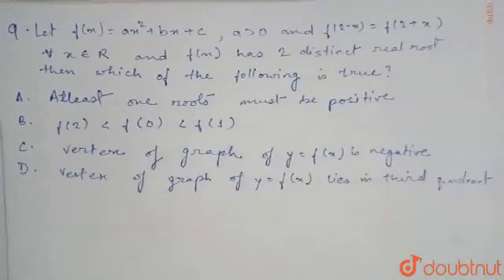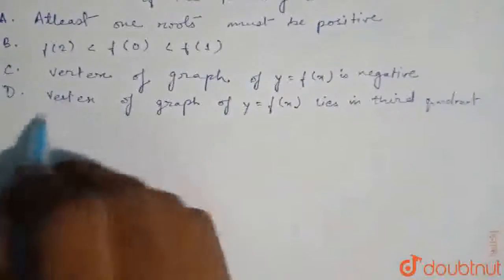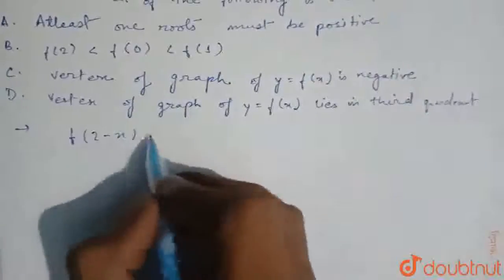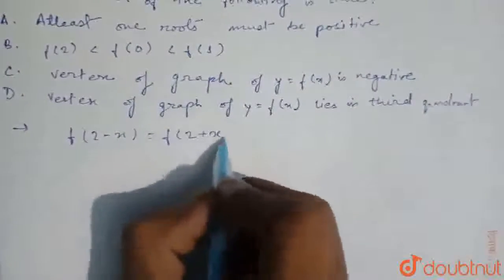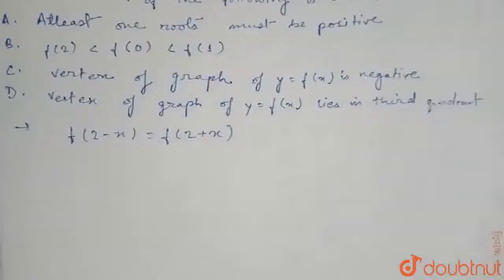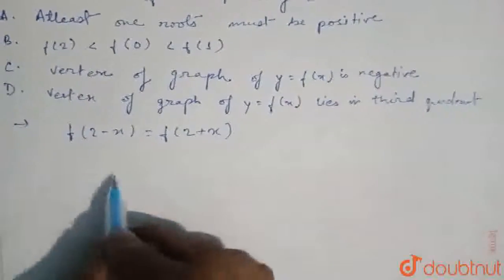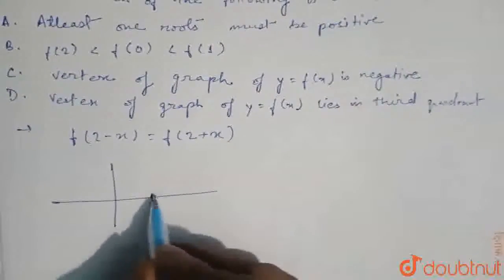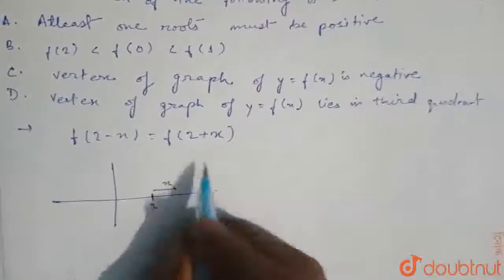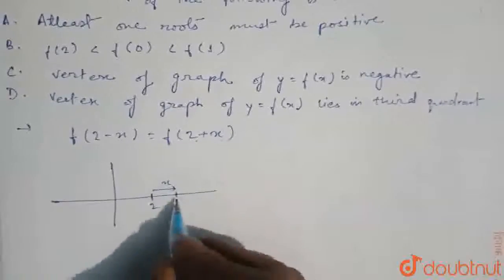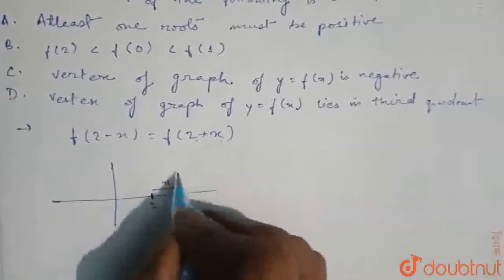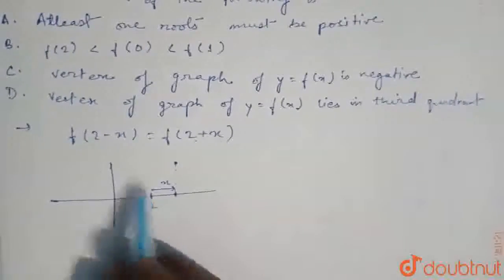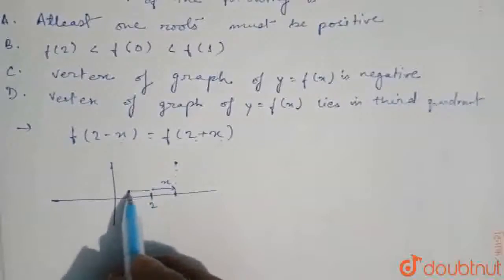So we'll just take a look at the given equation. It is given that f(2 - x) is nothing but f(2 + x). So we can see that if we consider the graph, at x equals 2, if we move x distance from here, we get 2 + x, and at this point suppose the function value is somewhere like here, and the same distance x we move backwards.